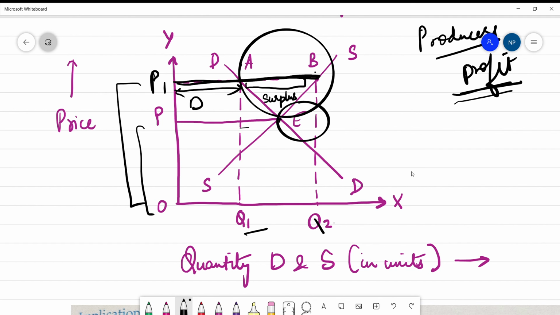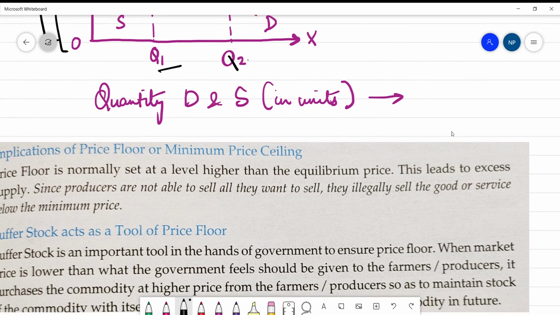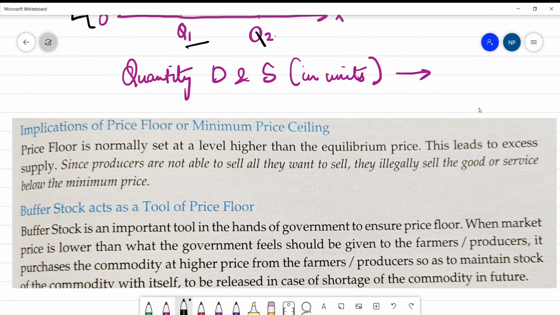Now what are the implications of price floor? Price floor is normally set at a higher level than the equilibrium price. This leads to excess supply. Since producers are not able to sell all they want to sell, they illegally sell the good or service below the minimum price. Buffer stock acts as a tool for price floor.